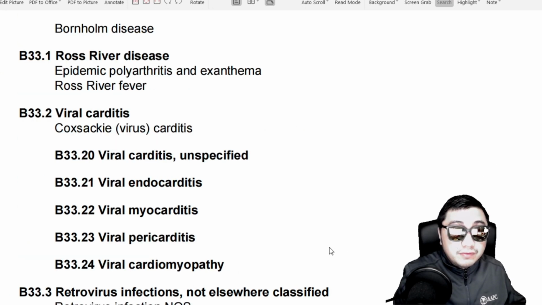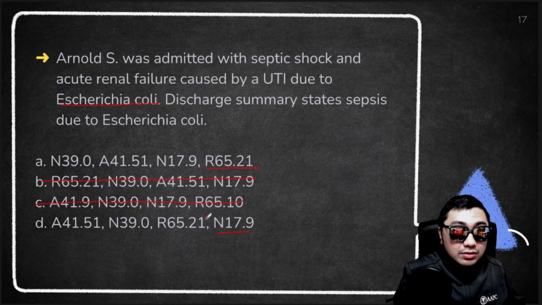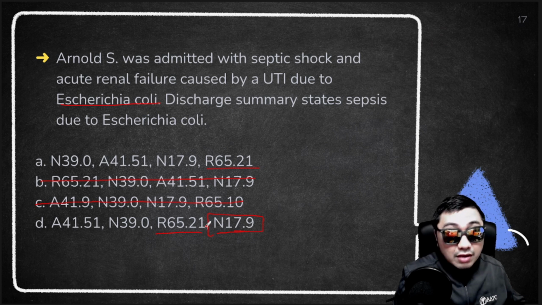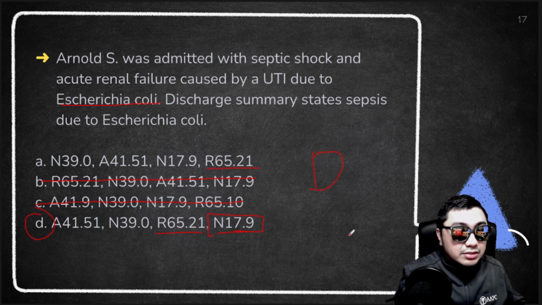So acute kidney failure will be your last code to be coded because it's mentioned under R65.2 guidelines that the acute organ failure should be coded right after that. Letter D should be your answer here.